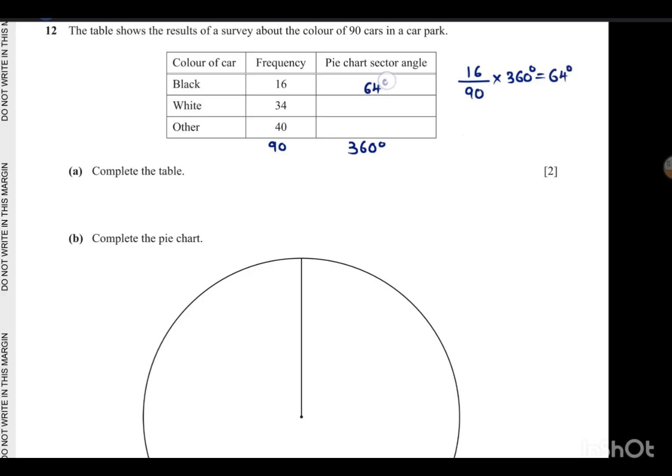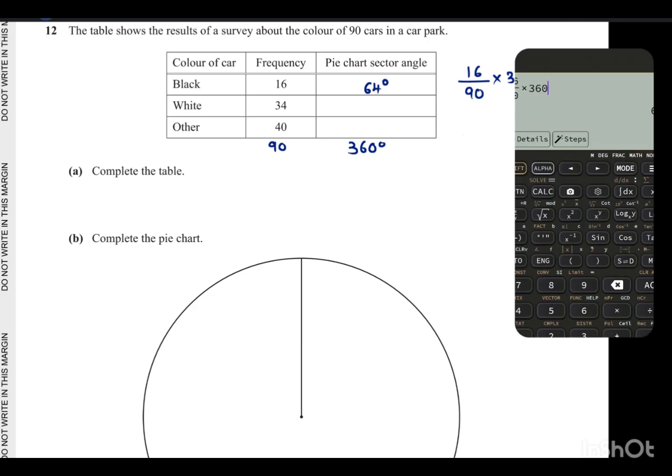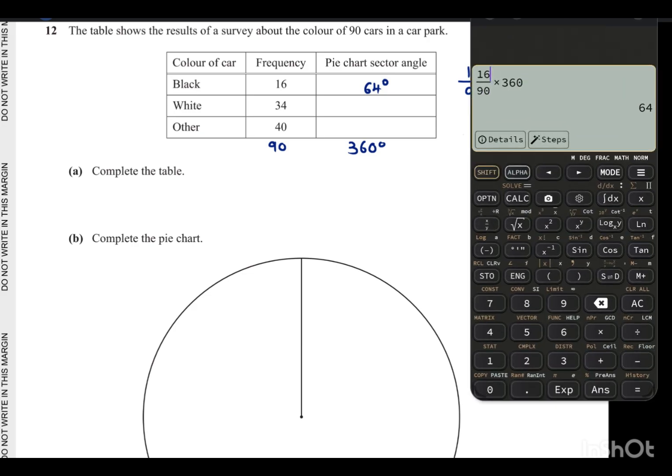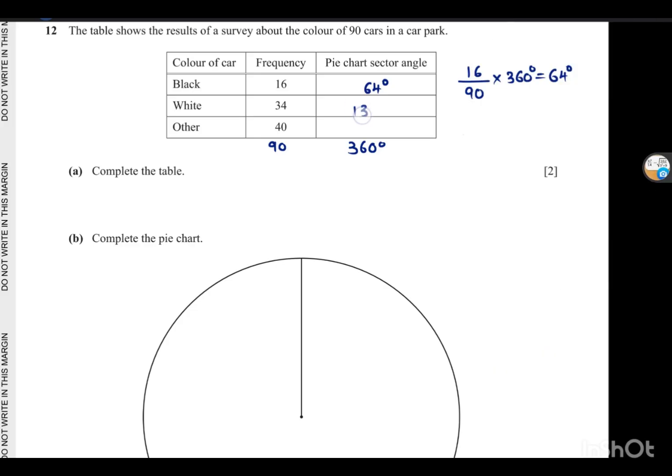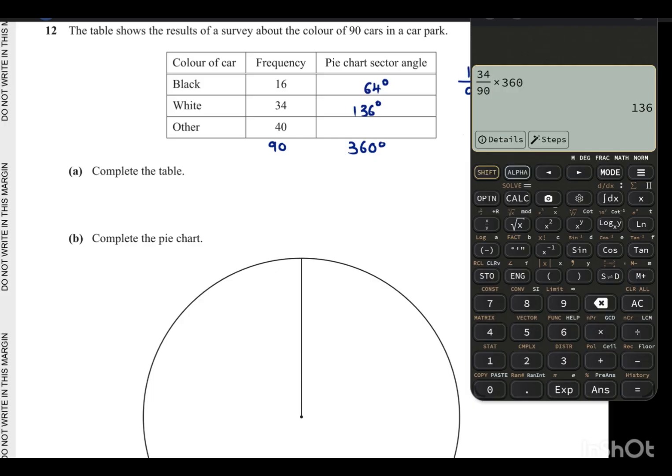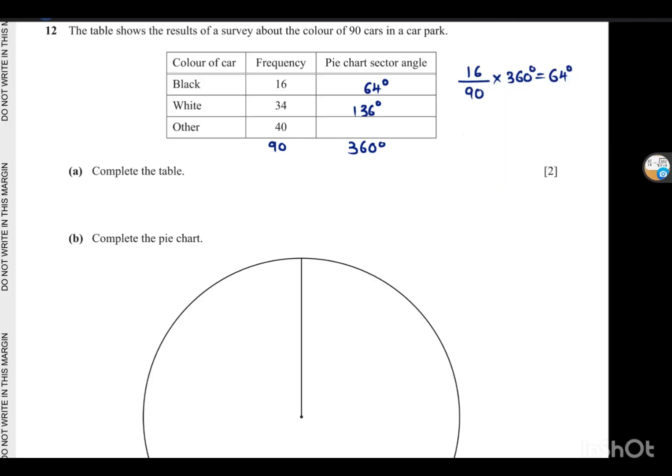The angle of this pie chart sector is 64 degrees. Next, change the number here: 34, 136. Next, change the number next: 160. So we have got all three angles in this table.